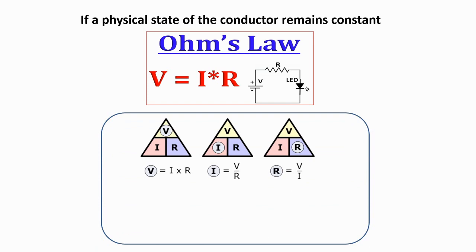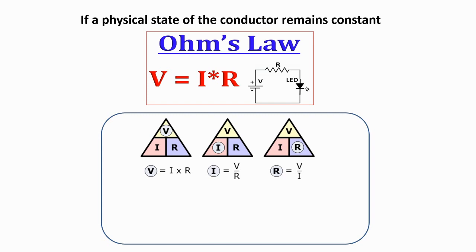Now, this triangle helps us to remember the formula of Ohm's law. V is written at the top, I is written to the left of the triangle and R to the right of the triangle. The horizontal line which divides the voltage from I and R is taken to be division, and the vertical line which divides I and R is taken as multiplication.